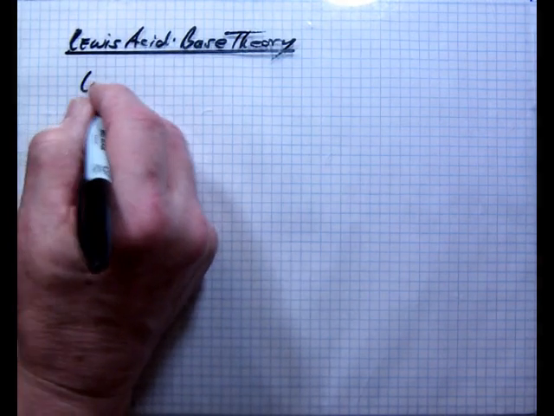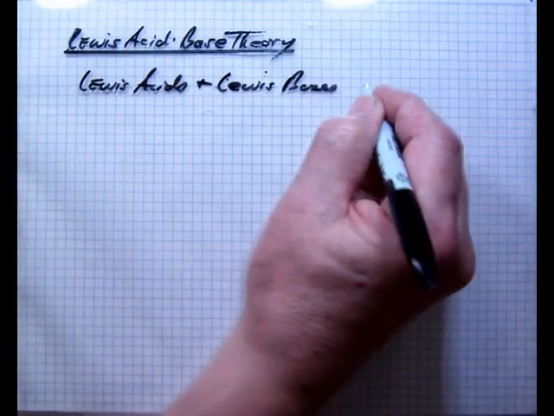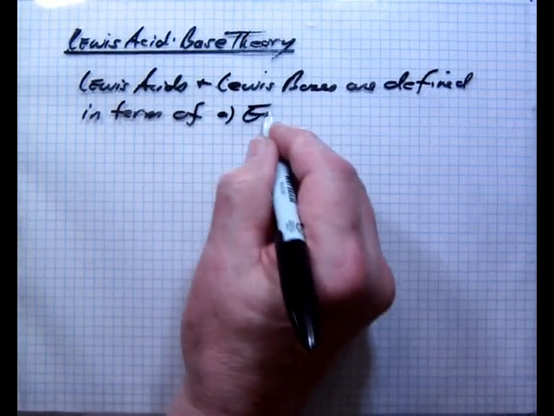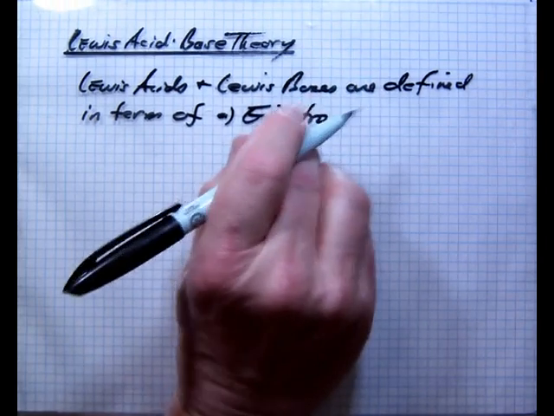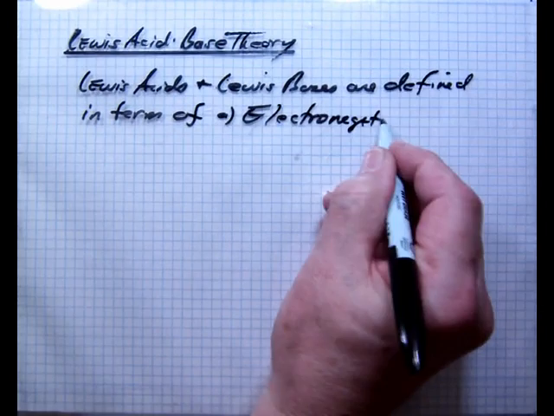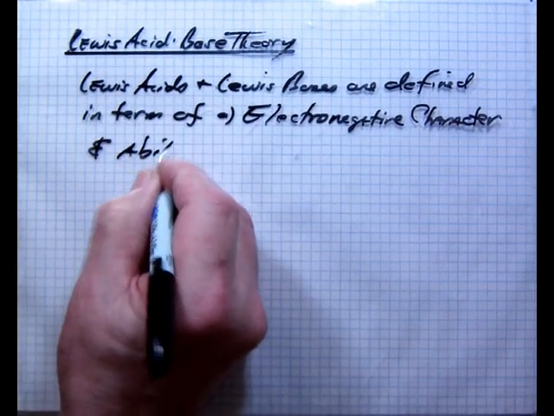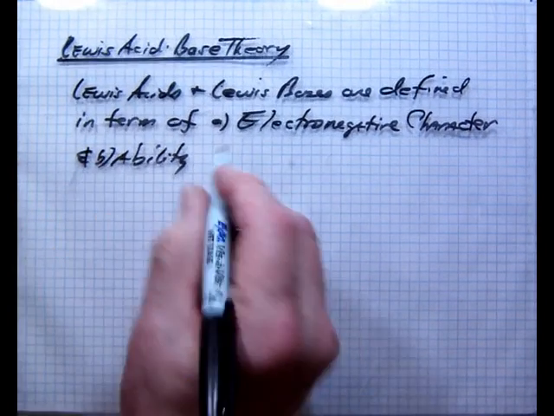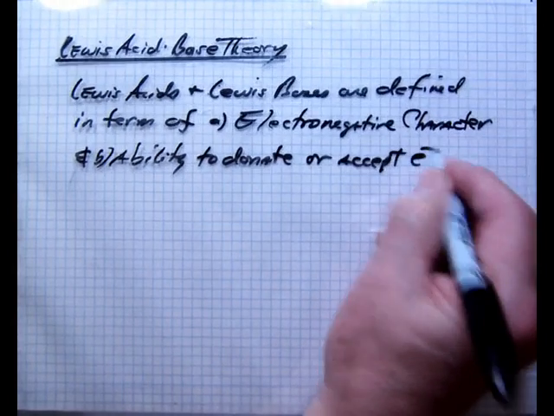So the Lewis acids and Lewis bases are defined in terms of two things: A, electronegative character, and B, ability to donate or accept electron pairs.